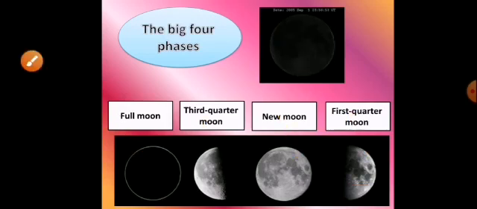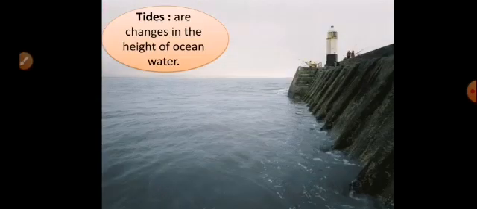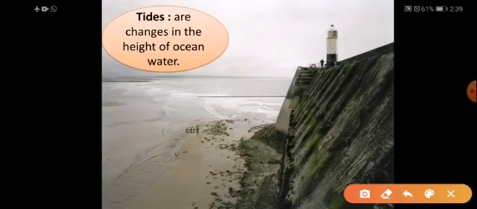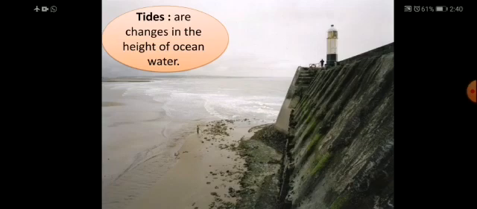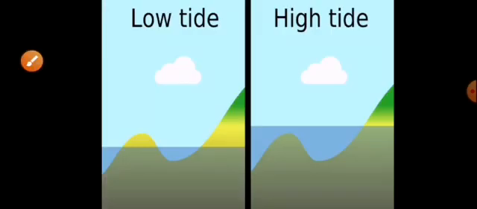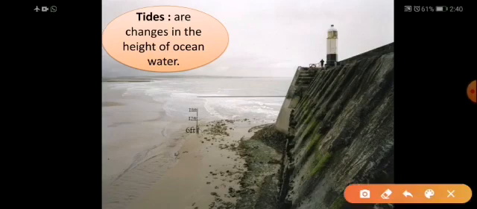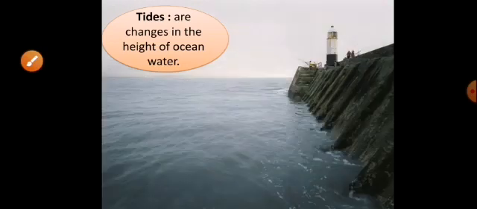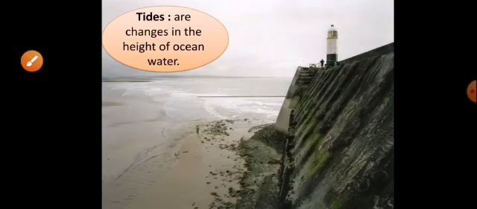After that, we will talk about something called tides. If you look carefully in this picture, you will find that the water now is low, but suddenly it starts to become high and cover more of the earth. We call this change in the height of the ocean water tides.